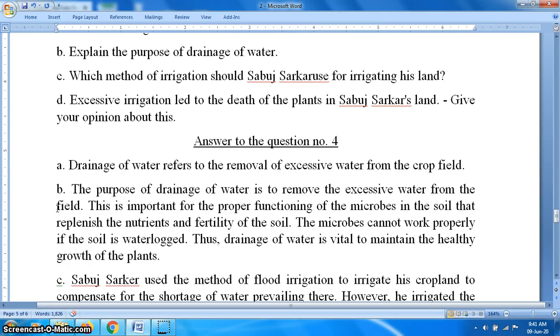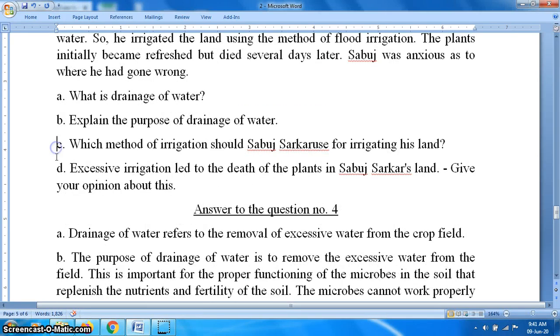This is important for proper functioning of microbes in the soil that replenish the nutrients and fertility of soil. The microbes cannot work properly if the soil is waterlogged. Thus, drainage of water is vital to maintain the healthy growth of plants.